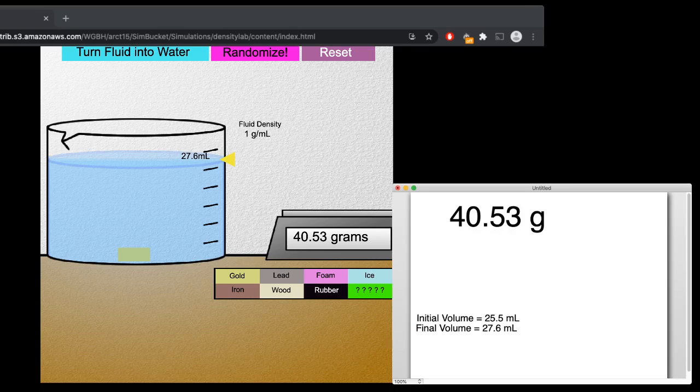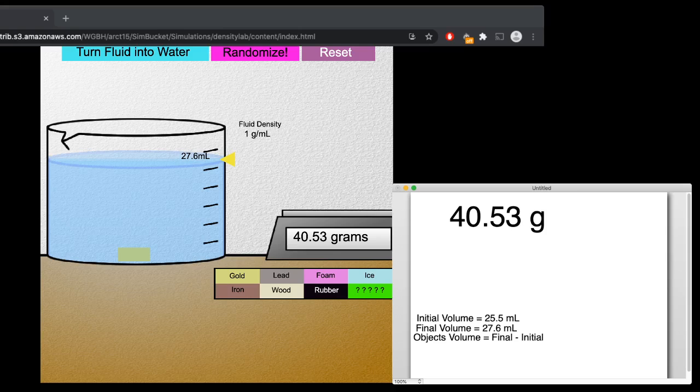And so to find the object's volume, you will take the final minus the initial. Okay? So final minus the initial. So object's volume then, the final is 27.6 milliliters minus the initial volume, which is 25.5 milliliters.